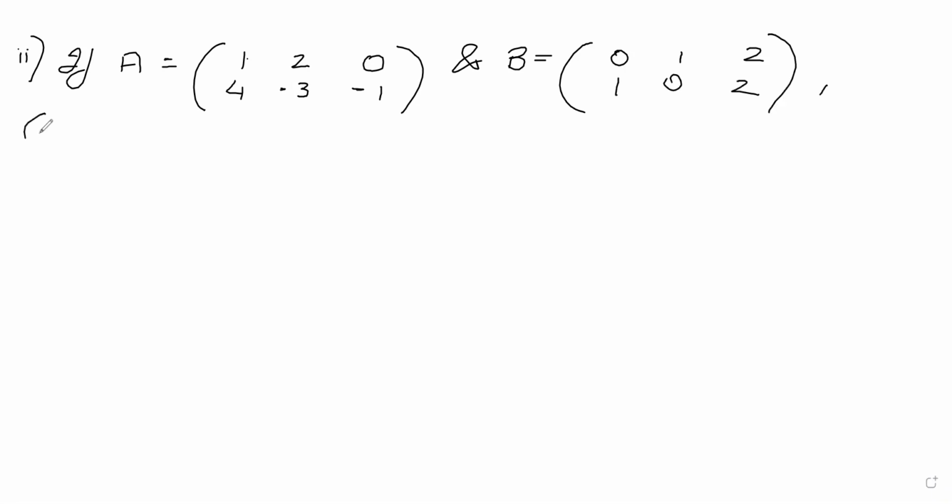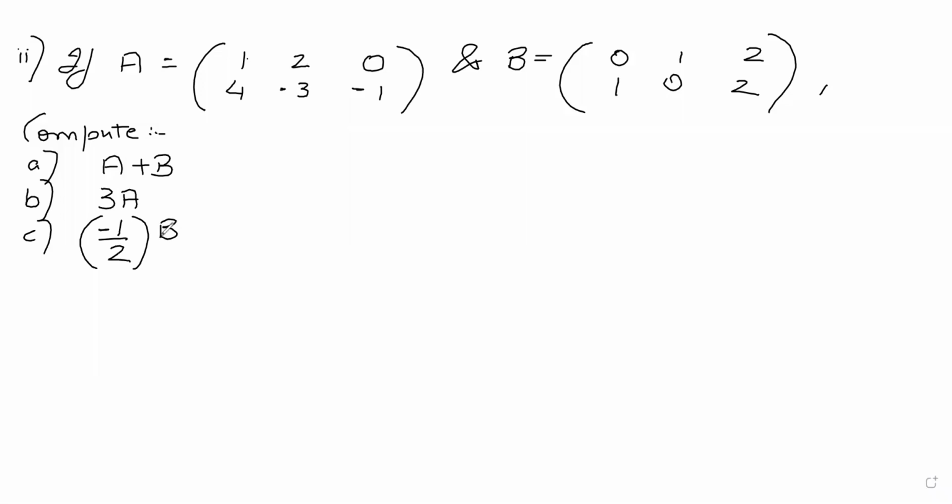The question asks us to compute the following: compute A plus B, compute 3 times A, compute minus half times B. This problem is exactly picked up from Sitsater and Hammond.